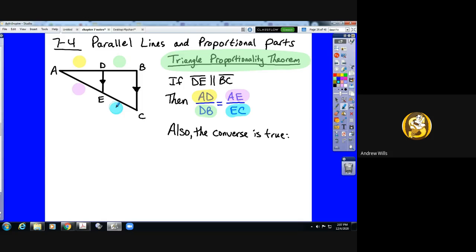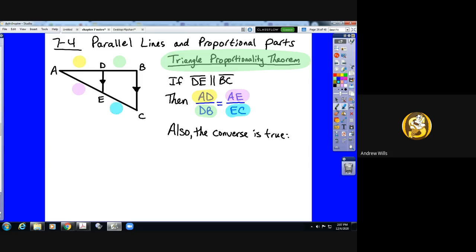So that segment DE is breaking the 2 sides that it's not parallel to into proportional parts. The left part over the right part equals the left part over the right part. Okay? Yellow over green equals purple over blue.